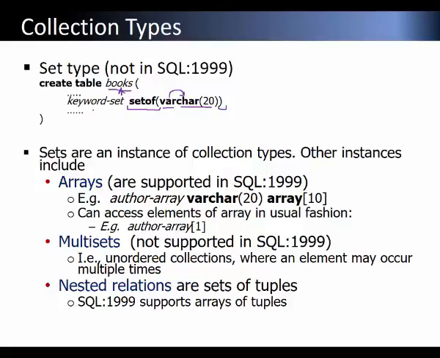For example, there is a book and author, then the author name is a character type, but not all authors have the same size last name, right? Each one has a different size of last name. Therefore, we may use varchar rather than char.